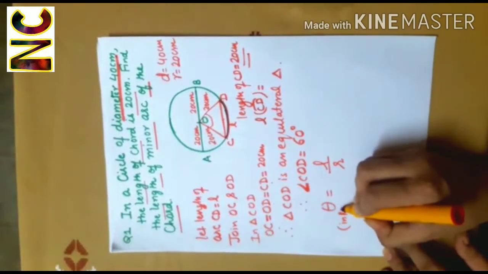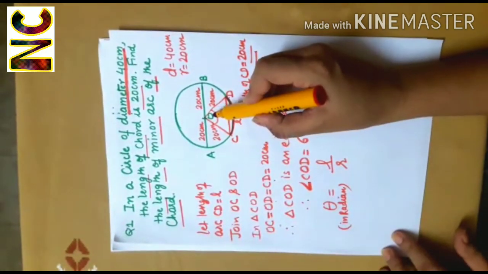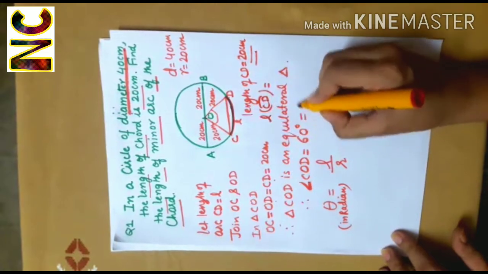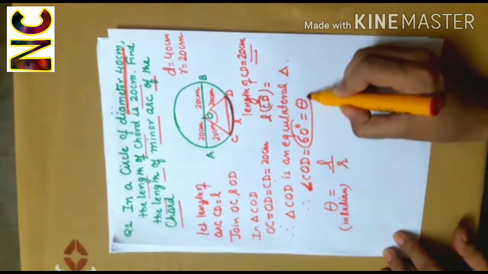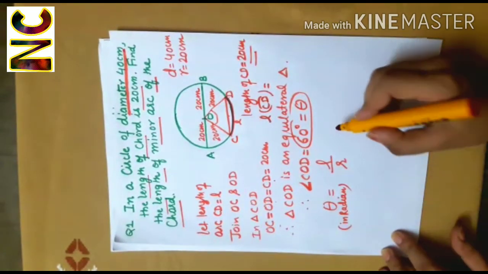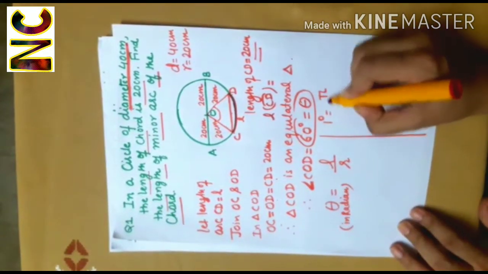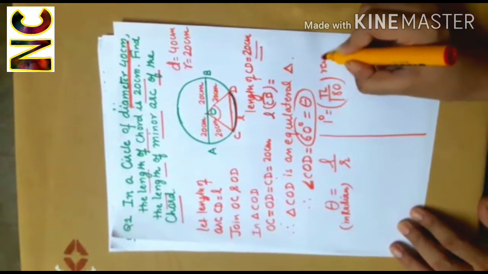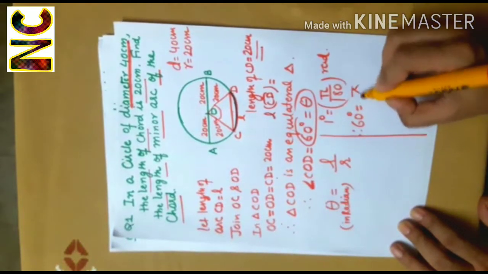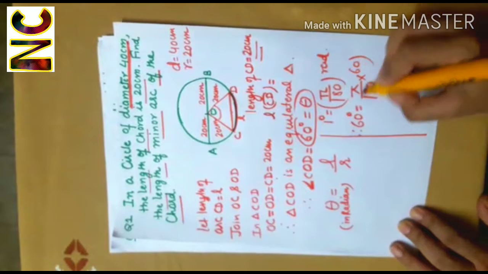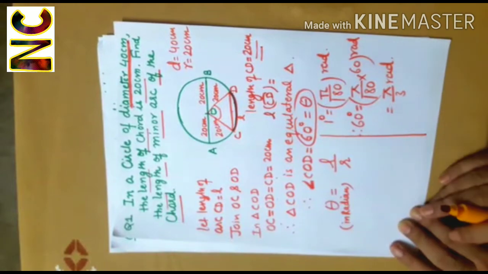And note that here theta should be in radian. So in this case, the central angle is 60 degree, so our theta is 60 degree. But I have to convert this angle into radian. 1 degree is equal to pi by 180 radians. So 60 degree will be equal to pi by 180 into 60 radian, that is pi by 3 radians.